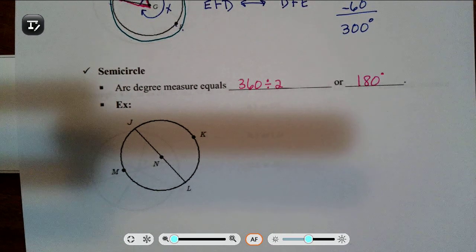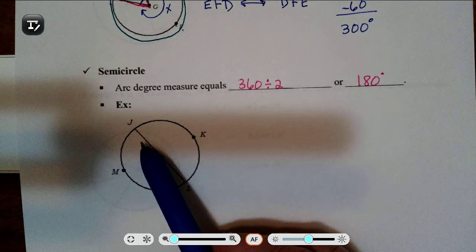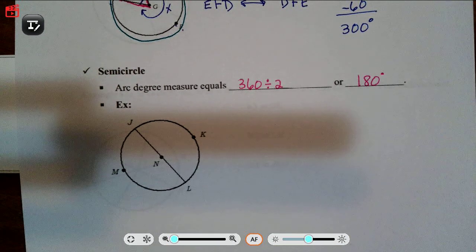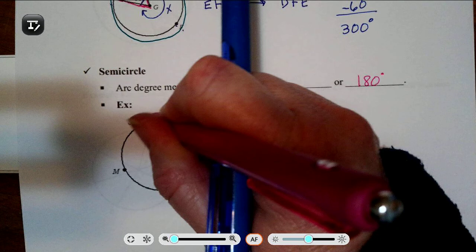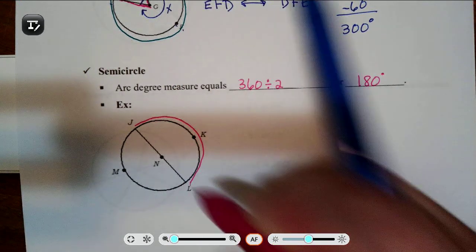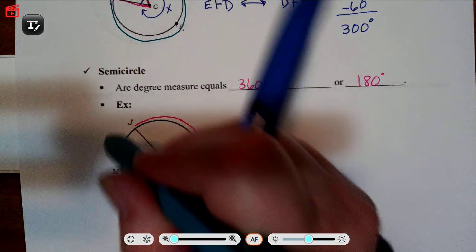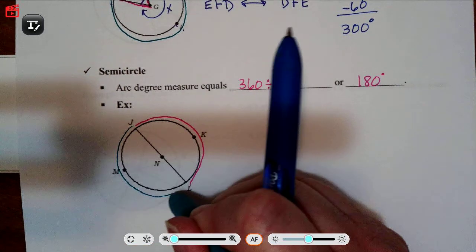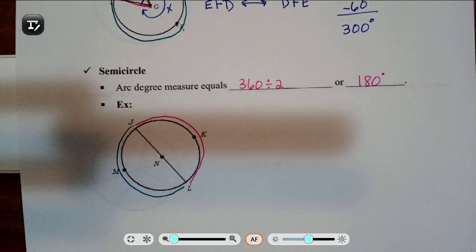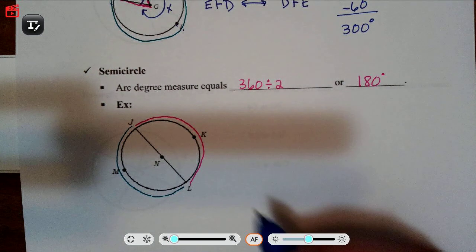Okay? Again, if we are going to name a semicircle, because there are 2 semicircles here, we have one coming around this way, and we also have one coming around this way. We need to distinguish just which semicircle I am talking about. So again, I need to use 3 points.